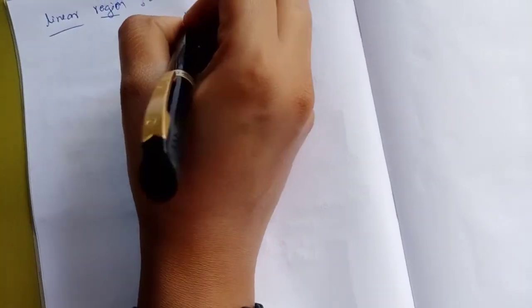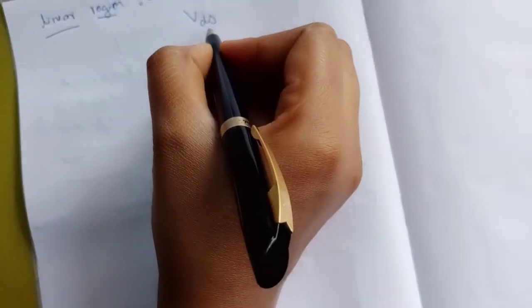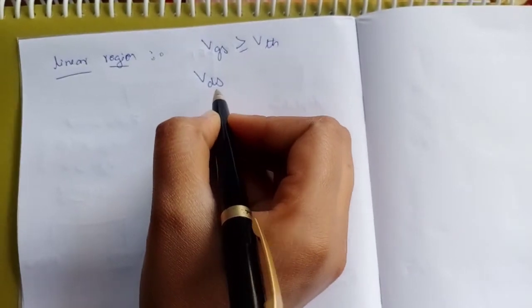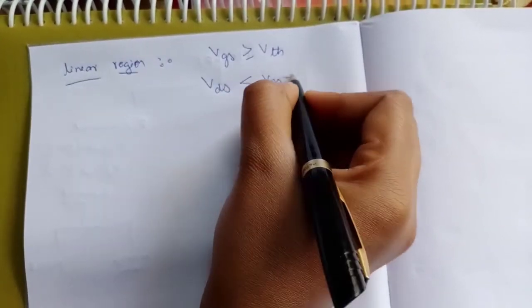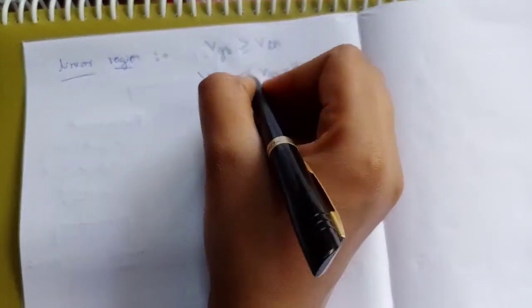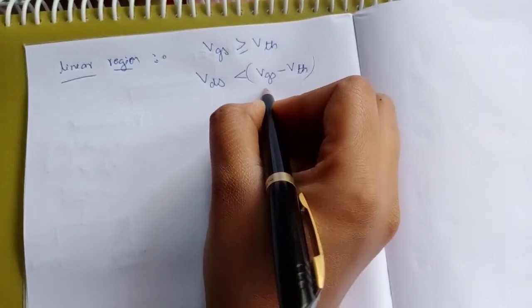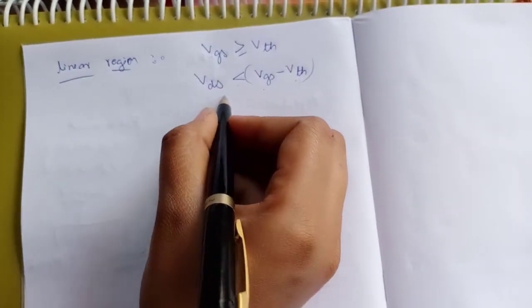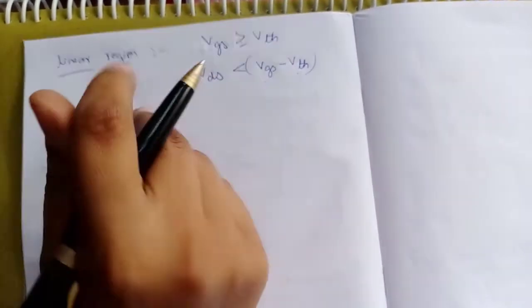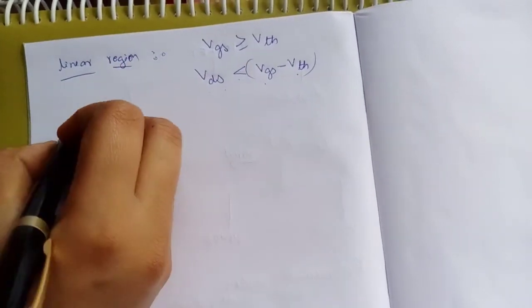To check whether it is in linear or saturation, we need to consider the VDS value. If VDS, the drain to source voltage, is less than VGS minus VTH, then we can say that this MOSFET is in the linear region.